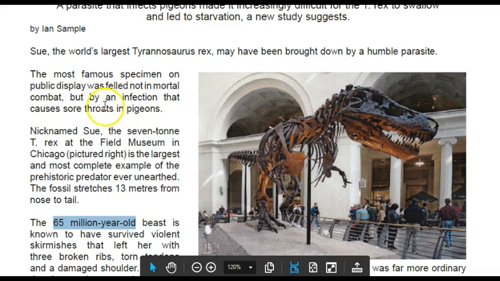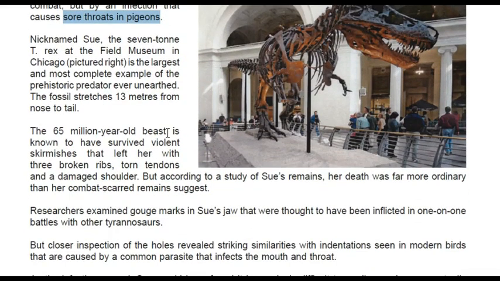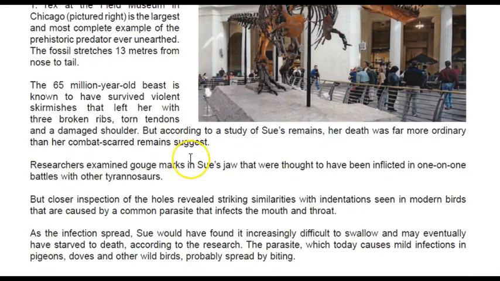Again, in the introductory paragraph here, it tells me that it was an infection that causes sore throats in pigeons that may have been linked to this T-Rex's death. And scrolling down, I learnt that actually she was quite a violent creature and she survived skirmishes.